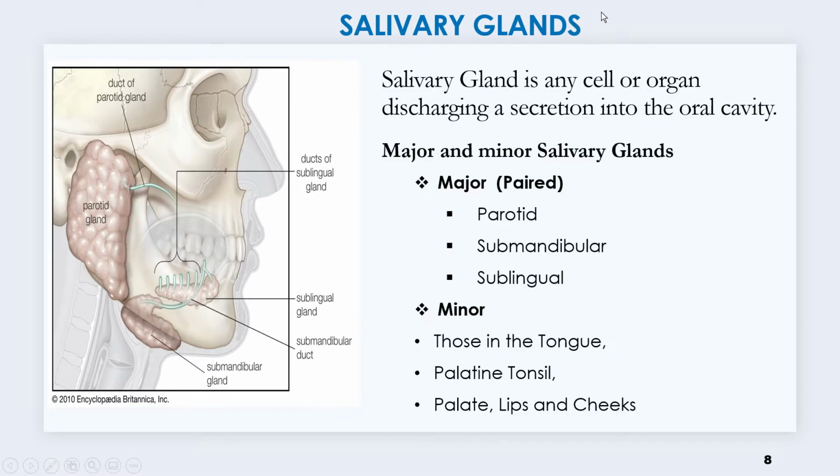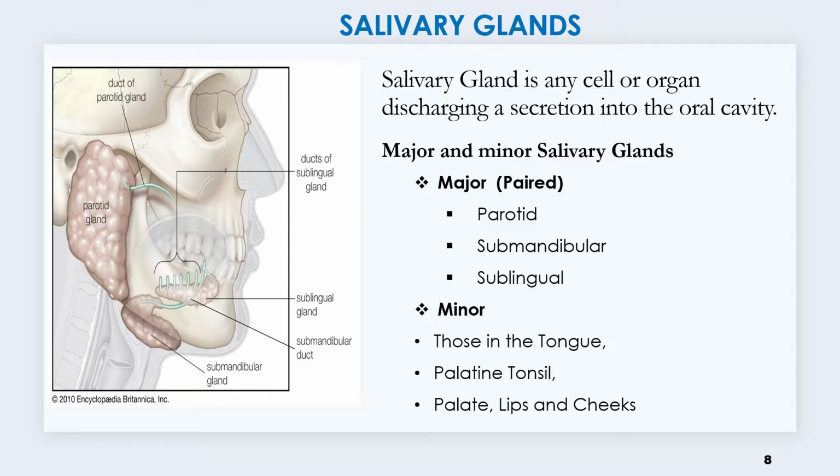Salivary glands. Salivary glands are basically responsible for the formation, or you can say production, of the saliva. A salivary gland is any cell or organ discharging a secretion into the oral cavity. What does it mean?